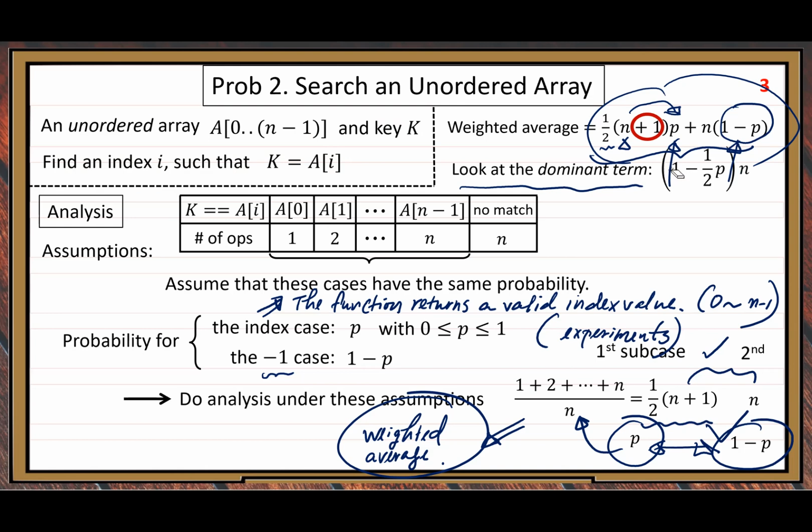So the leading term is (1 minus 1/2 p) times n. From this leading term, we can see it's a linear function. That's why we call this search algorithm linear search. So we complete this topic, our computing problem number 2.